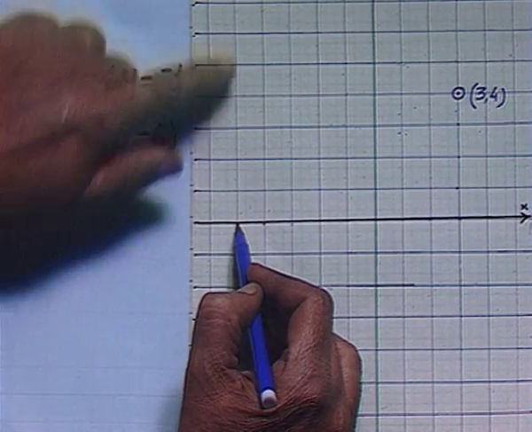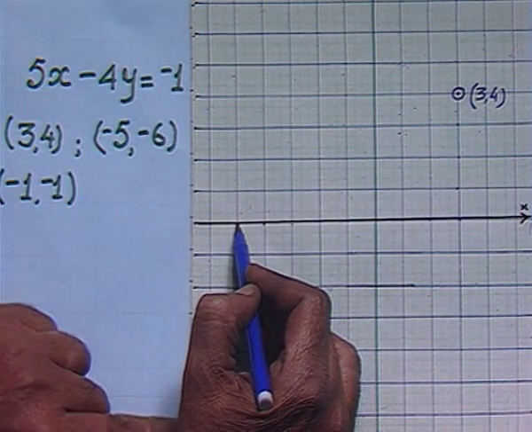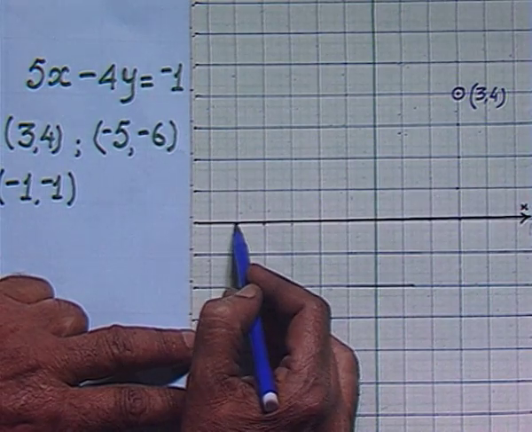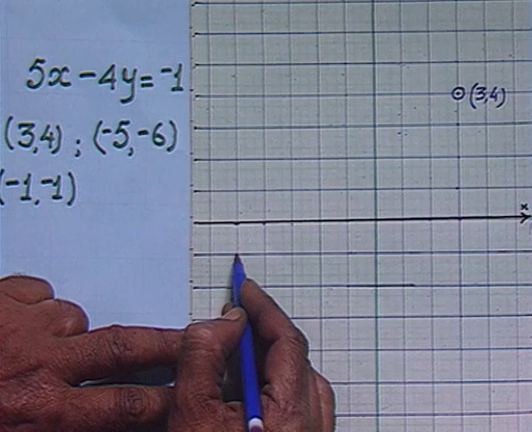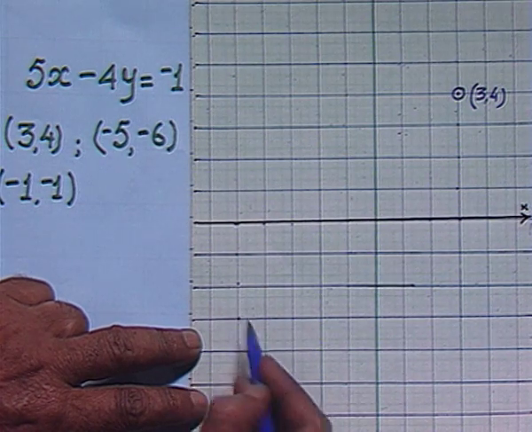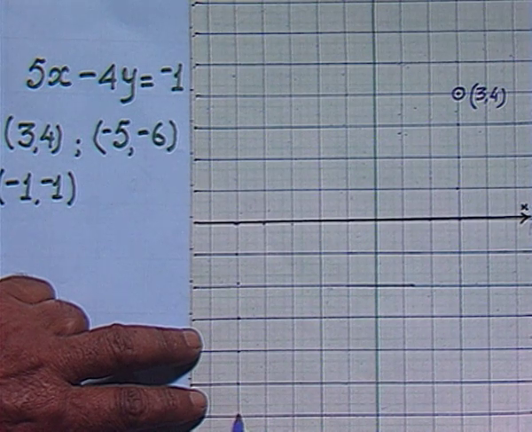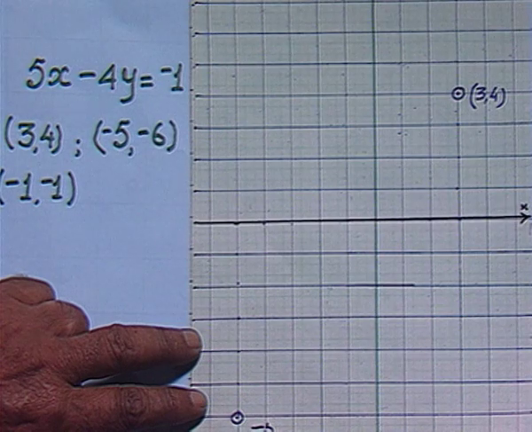Do I move upwards or downwards? The upward directions are taken as positive and downwards will be taken as negative. So I will go down. This is 1, 2, 3, 4, 5, and 6. So this is another point whose ordered pair is minus 5 and minus 6.